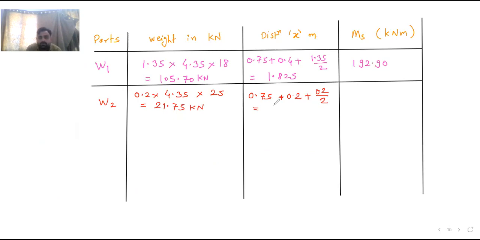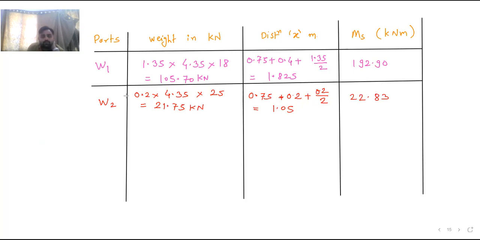Okay, this is 1.05. Now calculate the moment, the stability moment. So 22.83. Okay, so this is 22.83.